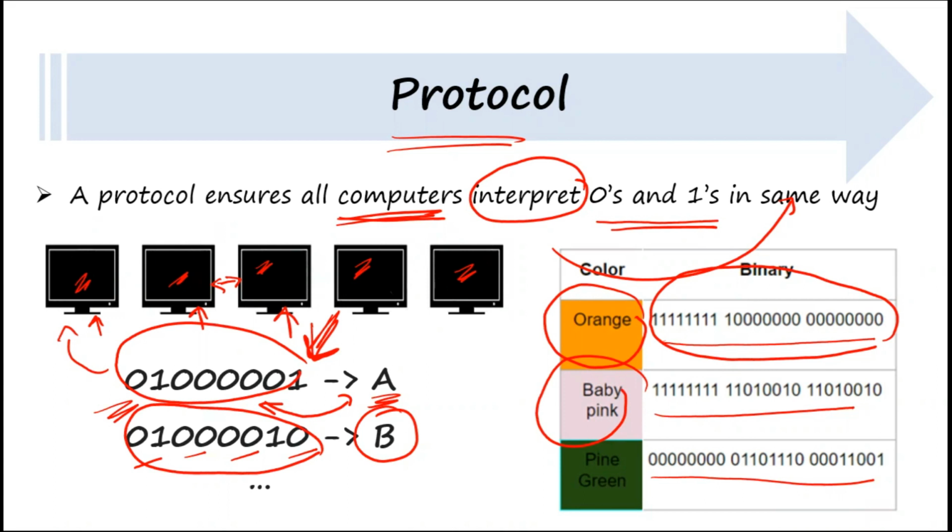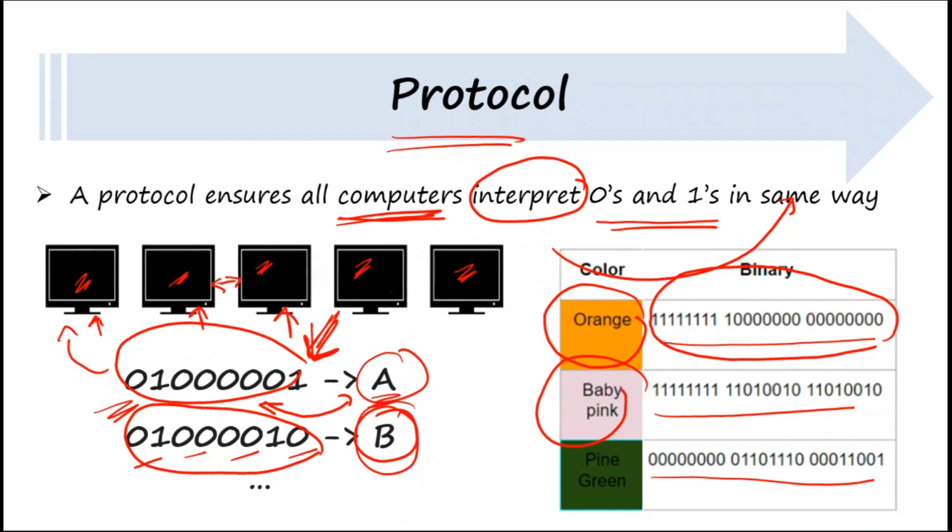Supposedly there is some address on the internet for a particular video. The computer first converts that address into binary numbers so that it can understand what that address actually means. Because now the computer knows what A is, what B is. Similarly, all the letters of the English language can be converted to binary numbers.